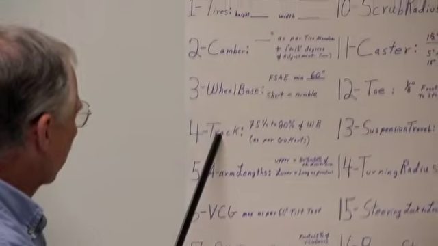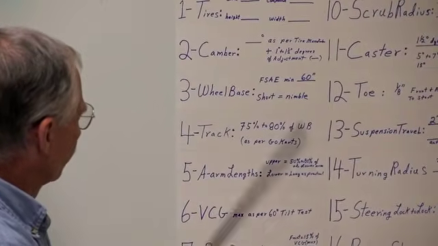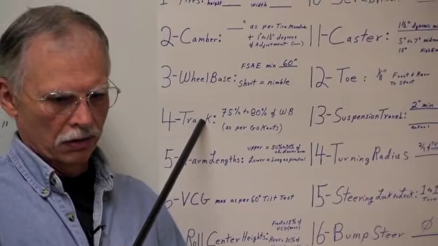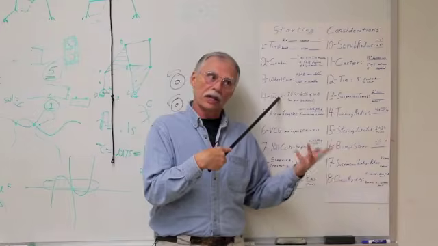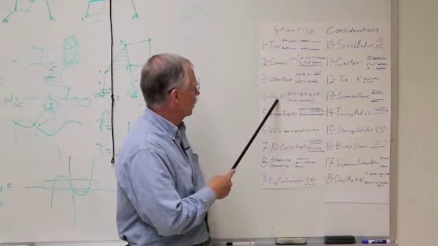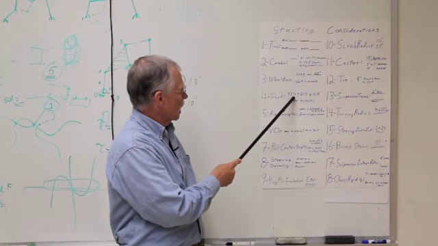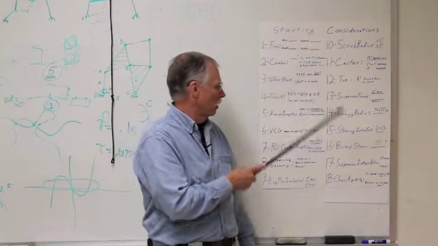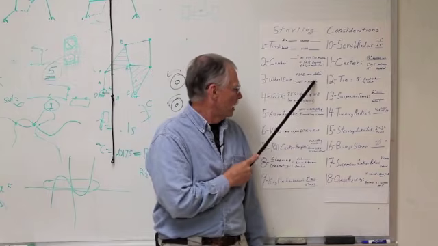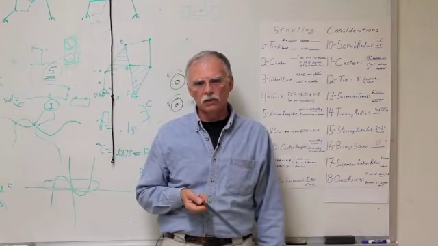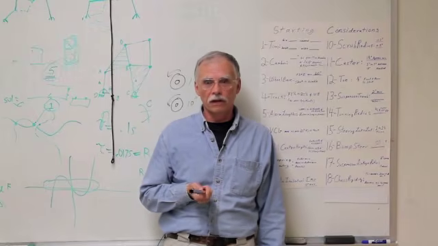Now, track. That's the width of the wheels. Here's something that a lot of people just don't think about because they haven't done it before. If we know the wheelbase, we can automatically know the track. If we know the track, we automatically know the wheelbase. If you want nimble, the most nimble vehicle you'll ever see on an autocross track is a shifter cart, a go-kart.